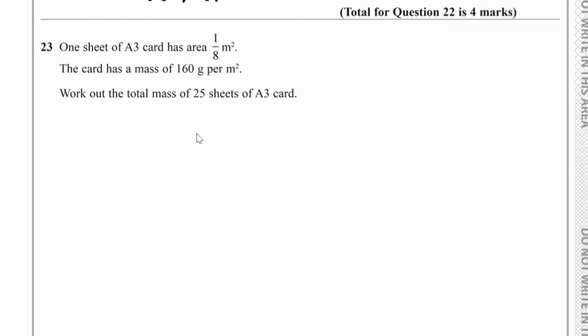So, I've got the mass per meter squared, 160 grams per meter squared. So that means we've got 160 grams per 1 meter squared. And what we can do is find out the mass when we've got an area of 1/8 meters squared.